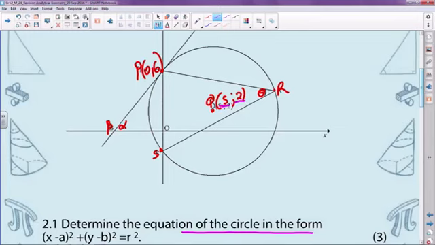Now, if I join this point Q to that point P, that length is going to be the length of the radius of the circle. We're going from the center of the circle to the circumference of the circle, so obviously that length would give us the radius.